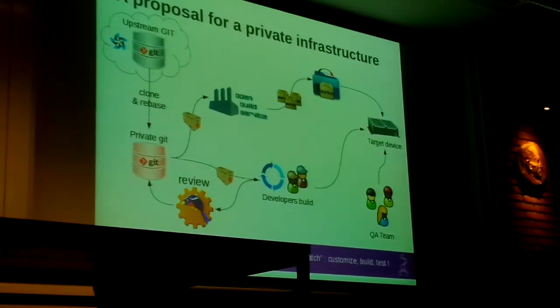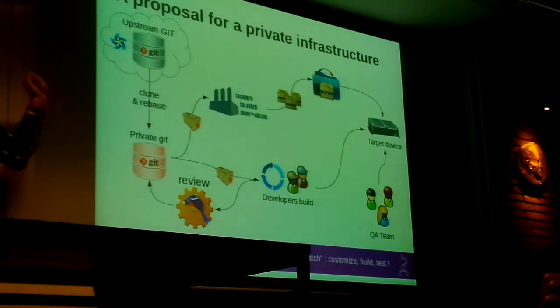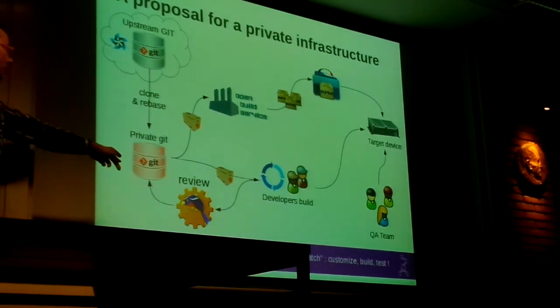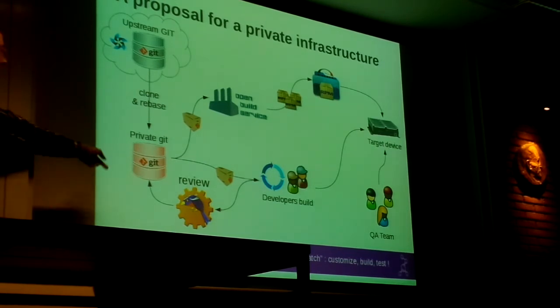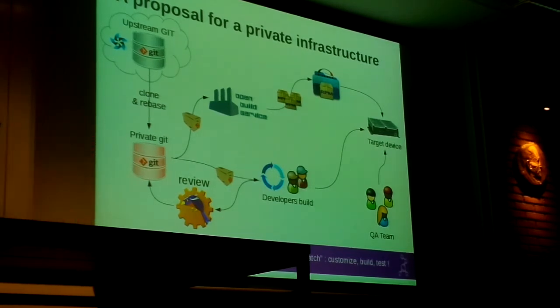I try to give a proposal for how to do that. The idea would be to get the upstream Git, the tizen.org, as a base, so you could clone that and put that in your private Git. In that private Git, you always have your developers that will get the packages, patch them, etc., push for review, have a cycle, an internal cycle.